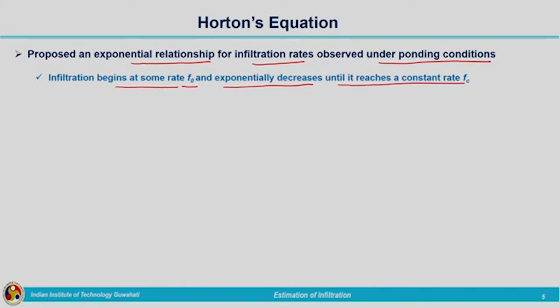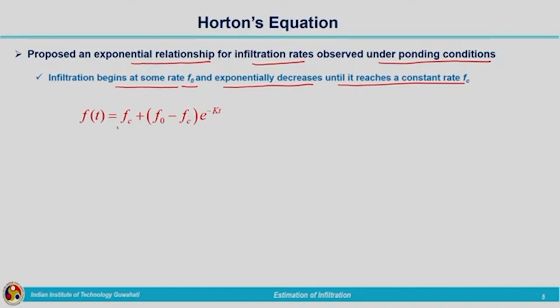So, in this case, the initial infiltration rate is represented by the notation f naught, and it is exponentially decreasing and finally reaching a constant rate f of c. The equation is given by f of t is equal to f of c plus f naught minus f c, e to the power of minus kt.